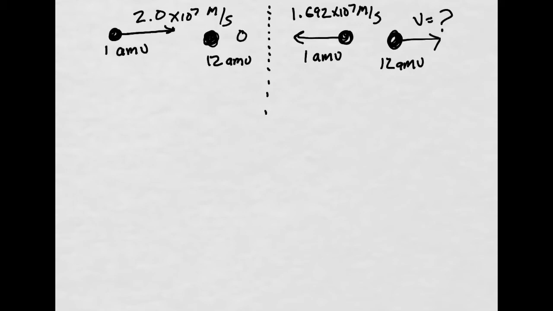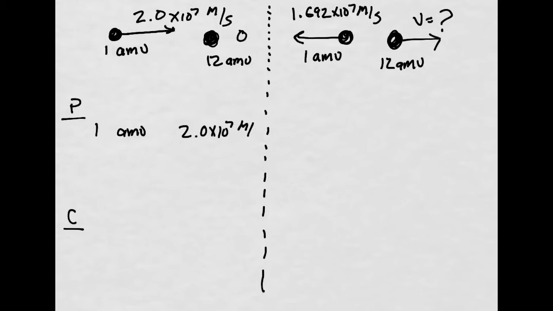So we have to use initial and final momentums. So we're going to do proton and carbon before. Let's keep it separated. So the proton before has a mass of 1 AMU and a velocity of 2.0 times 10 to the 7 meters per second.